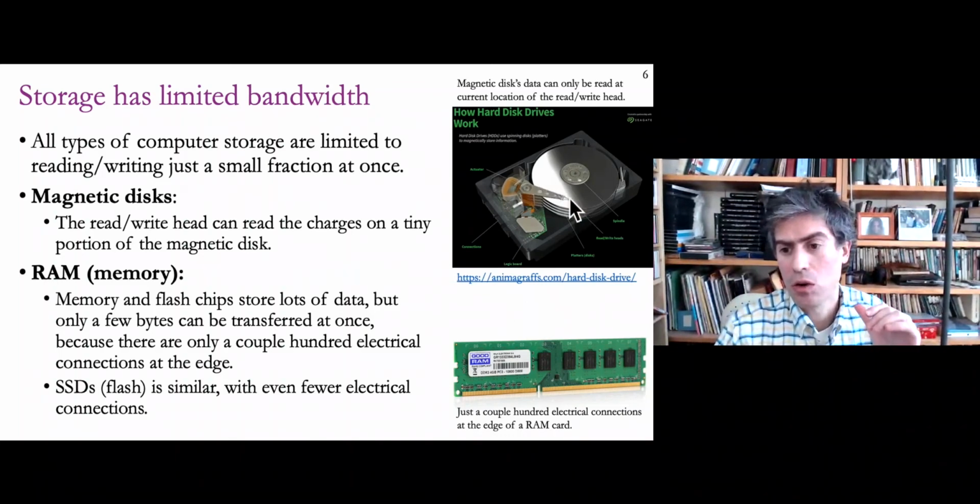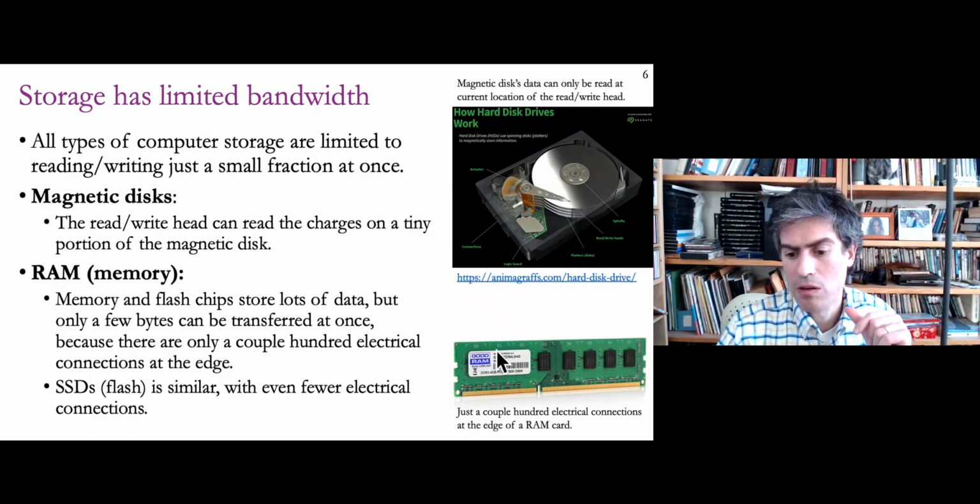Okay, the little door in the case of the magnetic disk is the read head on this arm, and in the case of RAM and solid state disks, there's a little bit less of a bottleneck, but there still is a tiny door, in the sense that this edge connector is much smaller than the amount of storage cells there are on this whole thing.